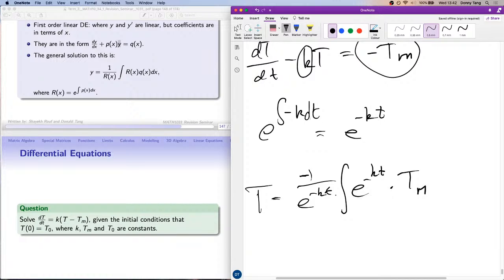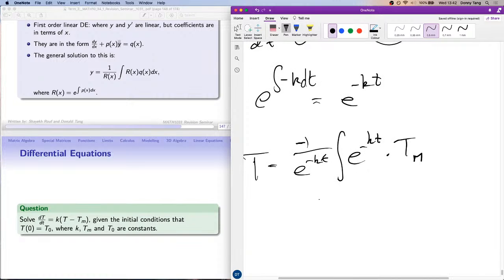Is that it? No, it isn't. We will now have to integrate. So negative 1 on e to the power of negative kt, integrate this thing here. There's going to be 1 on k, negative 1 on k, and then you take the Tm out, and then it's going to be e to the power of negative kt plus c.